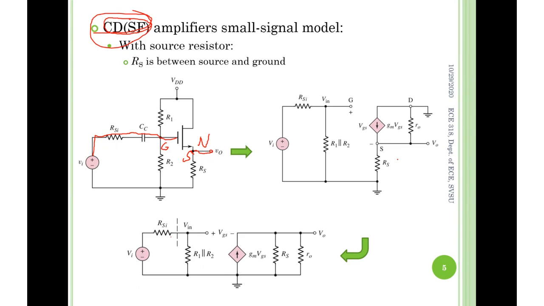Basically what I'm doing is flipping this part over and down. Therefore, the drain up here is shorted with the ground here, or say the ground of the VI. This is what I did for this so-called translation.